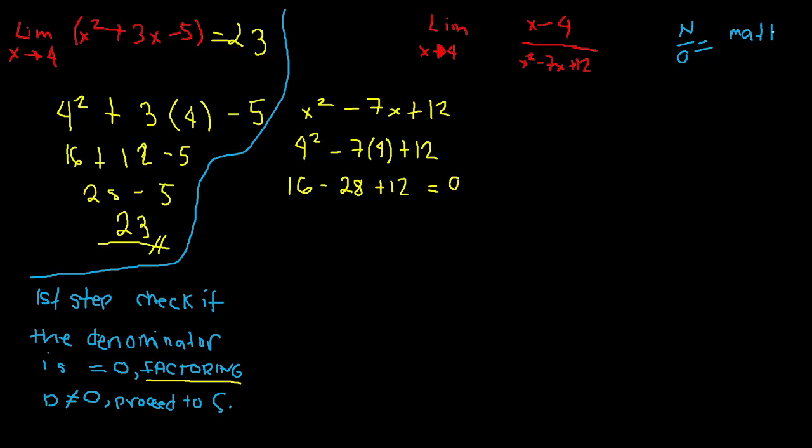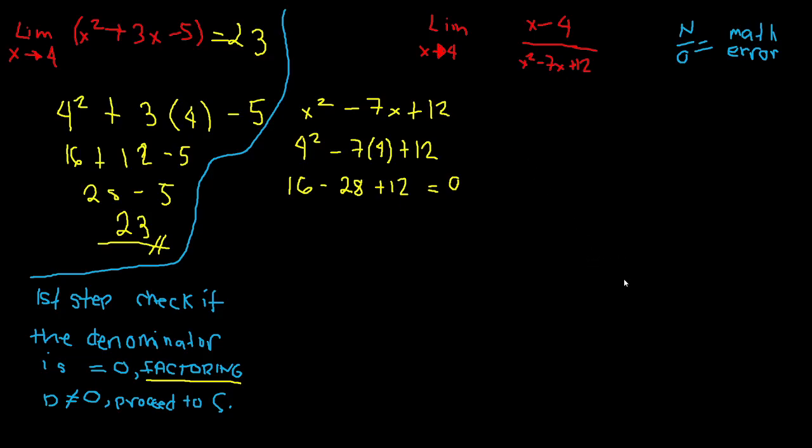So technical wise lang. So that's why we are checking it and factoring it, kasi nga n over 0 is math error. So, ngayon, since 0 siya, kailangan nating i-factor itong denominator natin.